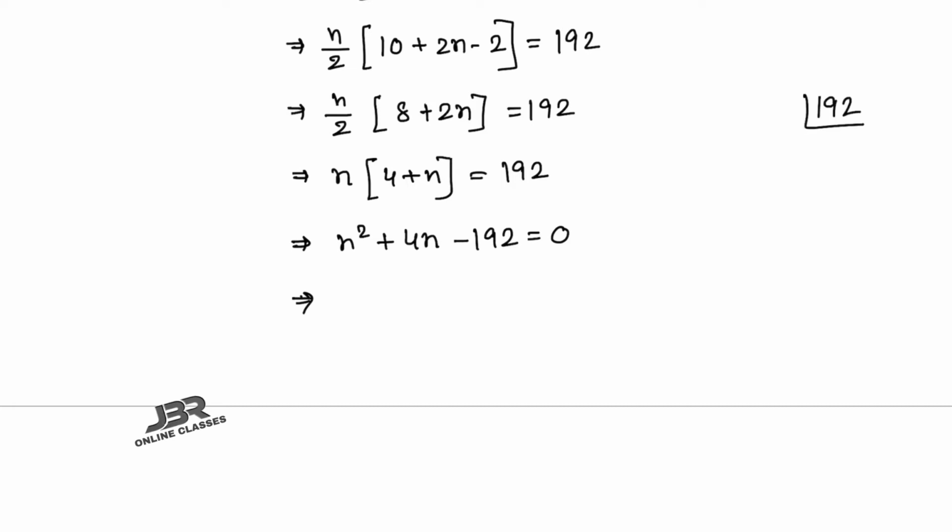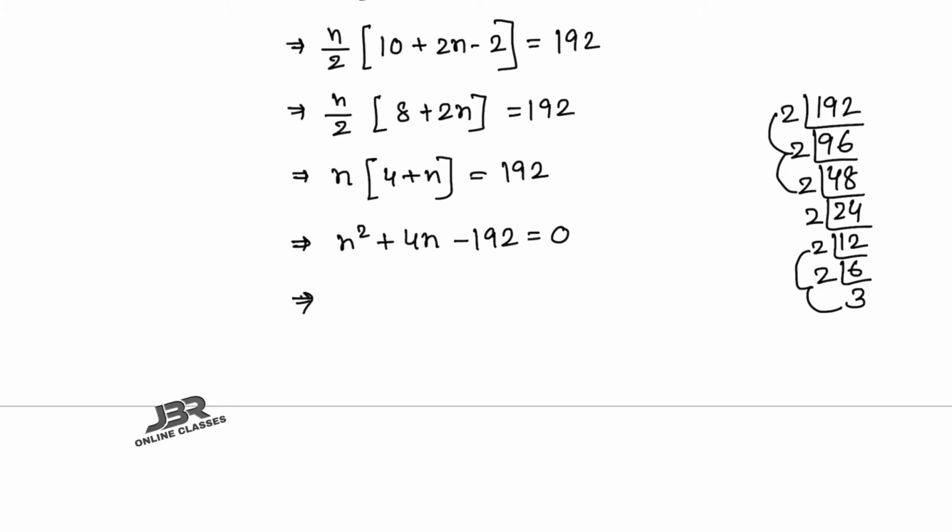So 192, then 2 divide, it's 96, then 48, 24, 12, then 6, then 3. Okay, so now you have to make 4. So to make 4 here, 3 to 6, 6 to 12, and 2 to the 4, 4 to the 8, and 8 to the 16.